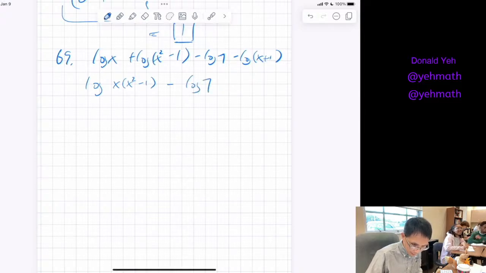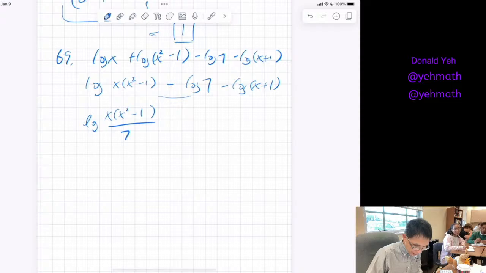Minus log of 7 minus log of x plus 1. So now this is minus. You still do one piece at a time. So it'd be log of x squared minus 1 over 7 minus log of x plus 1.